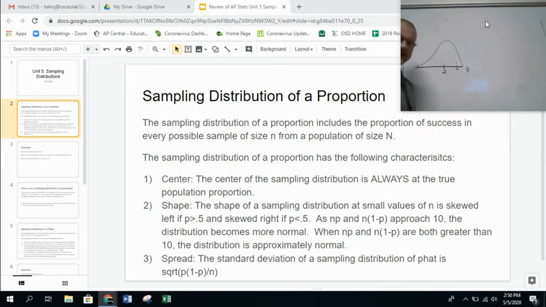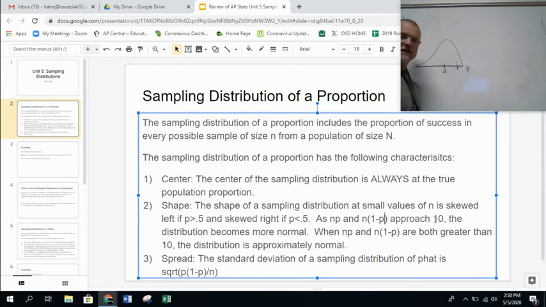But what allows us to do lots of things later on, if we get to control the sample size, is that as np and nq, or n times 1 minus p, both approach 10, the distribution becomes more normal.